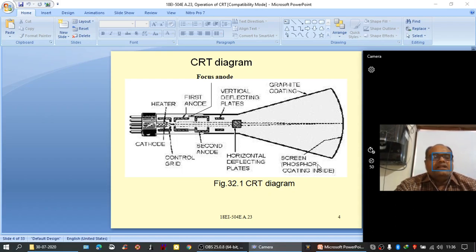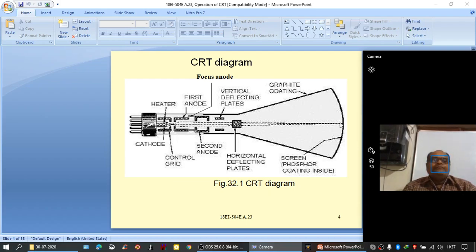That time is called persistence of human vision. If the persistence of the phosphor material is greater than the persistence of human vision, then continuously we can see a bright display of the electron beam movement on the CRO screen. That is how we have to select the phosphor material.